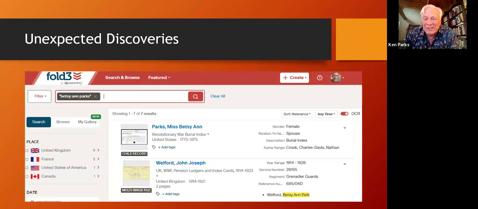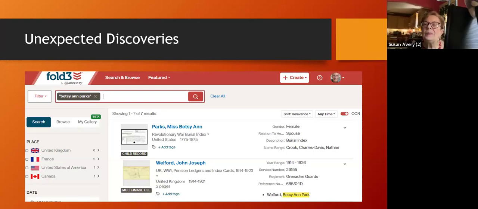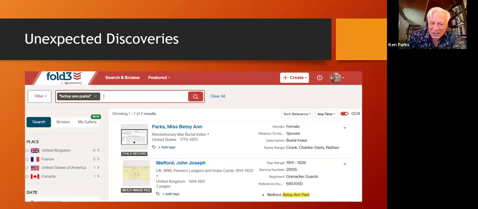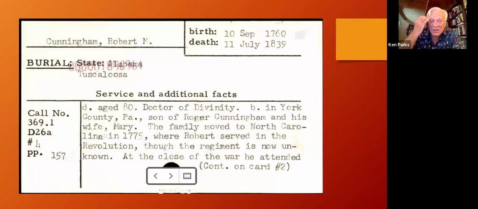We talked about some incidental mentions in some of these records, and I just wanted to touch on one. This is on Fold3. I noticed there was a record of a Miss Betsy Ann Parks under the Revolutionary War Burial Index. Well, that piqued my interest. Why and how is she mentioned in these things? So I took a look, and here's a card for a Robert M. Cunningham.